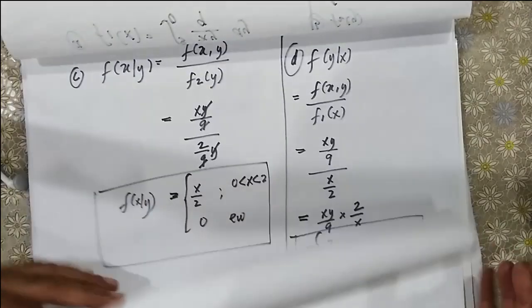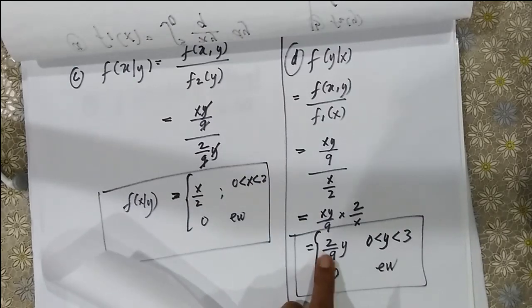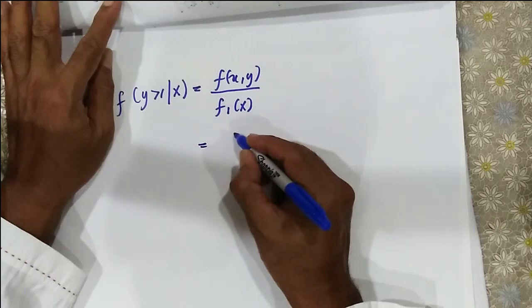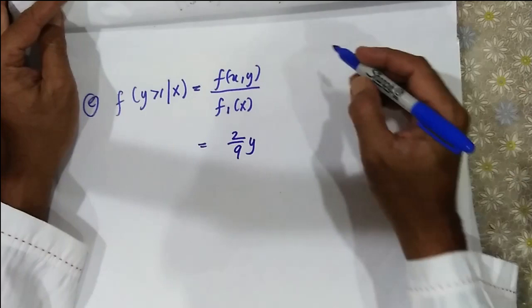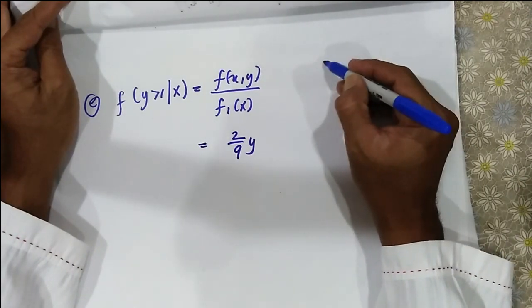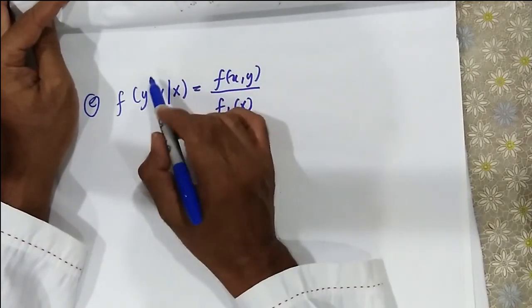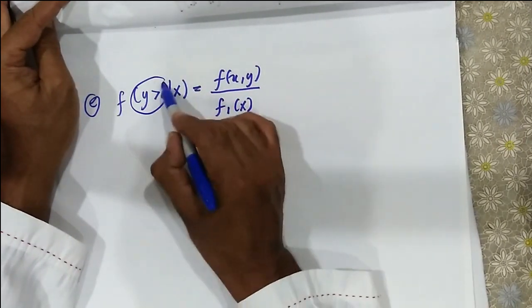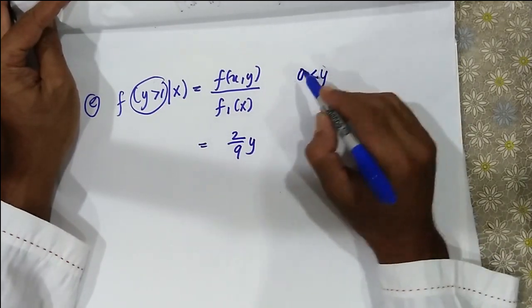So previously we have f of y given x as 2y over 9. So we just plug in here 2y over 9, and for the range, we know the range for y is from 0 to 3.